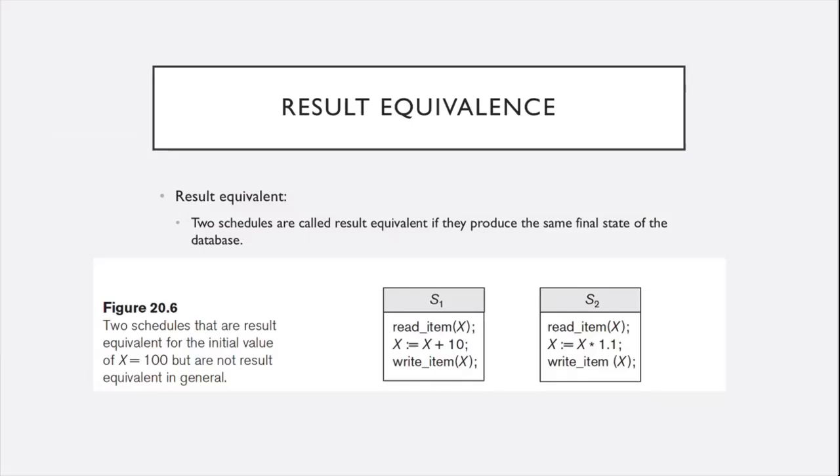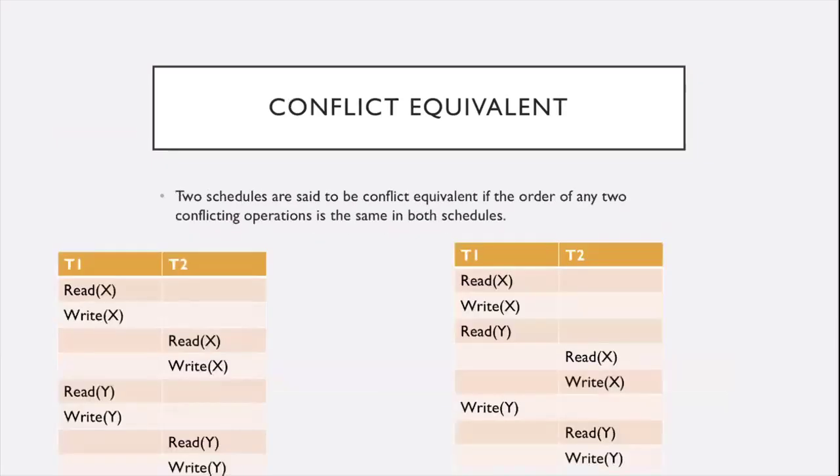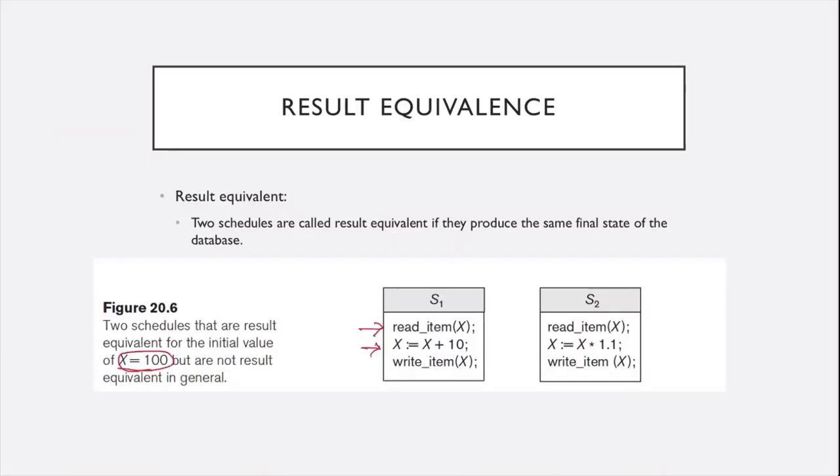So here, if we assume that the value of x is 100, and we execute this, we have x equal to x plus 10, so x becomes 110, and then write x. So it becomes 110. Here is another schedule.